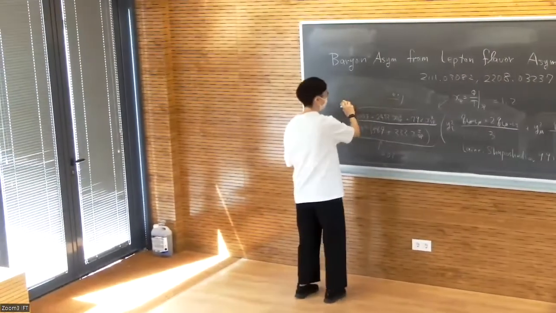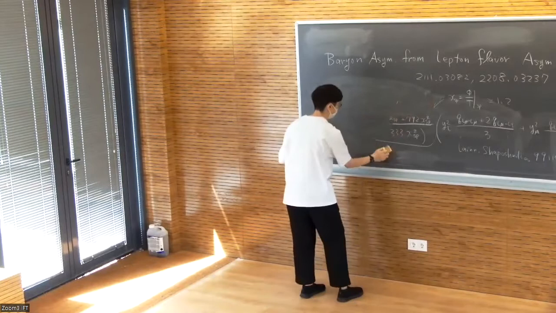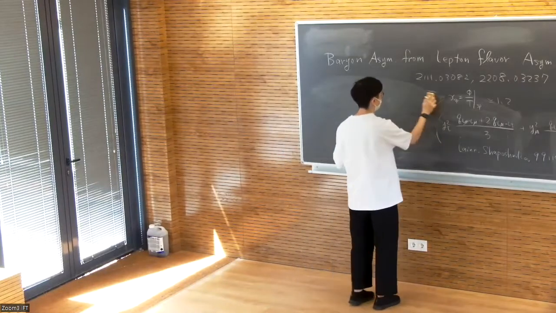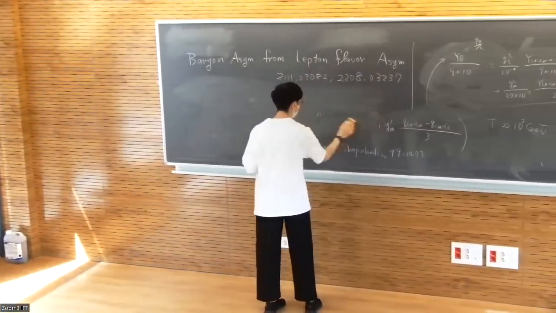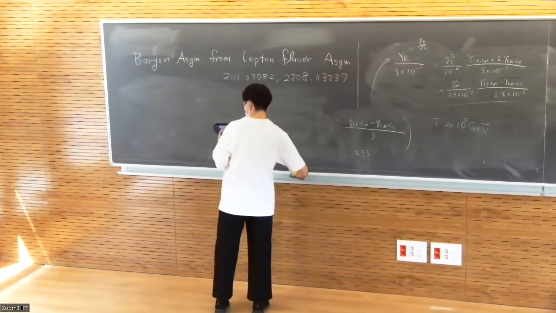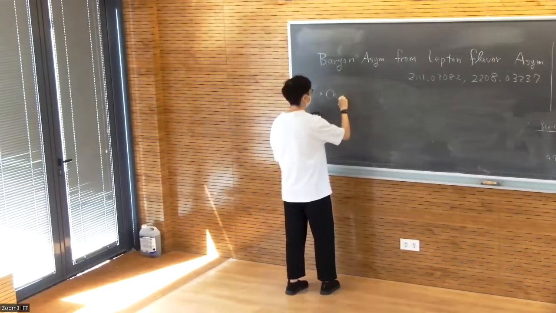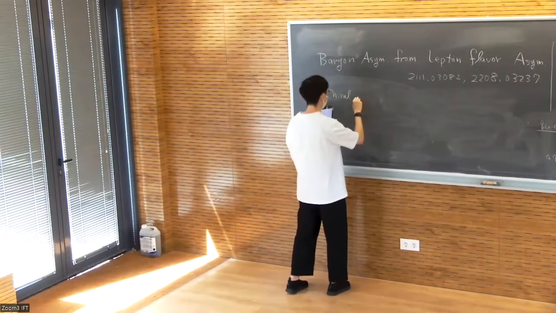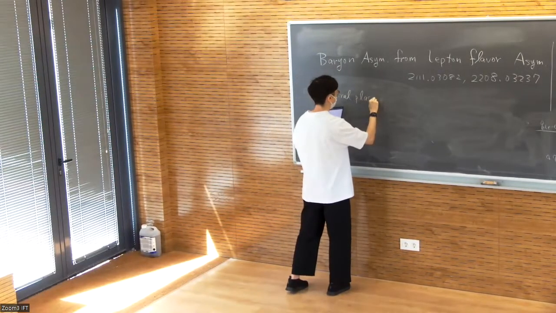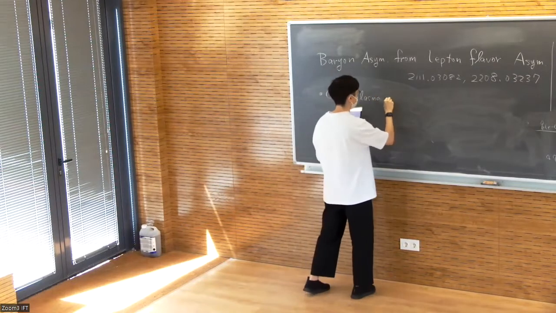So the question is how this lepton flavor symmetry is connected to the instability of the given hypergauge field. So in order to understand this, we have to introduce some concept. It's known as chiral cosmology instability.